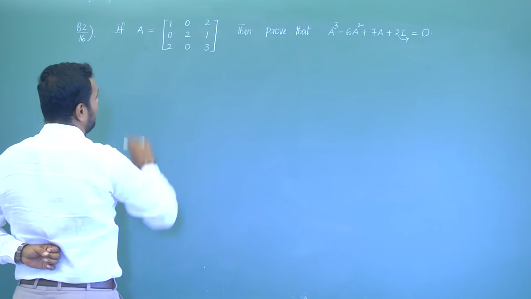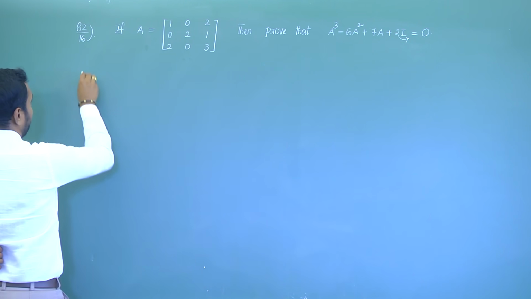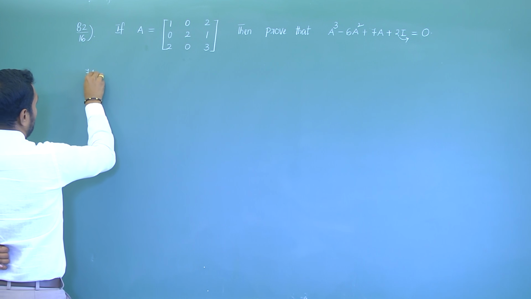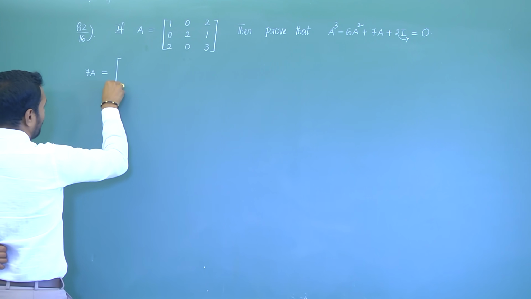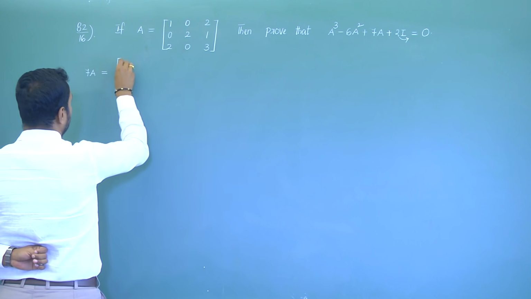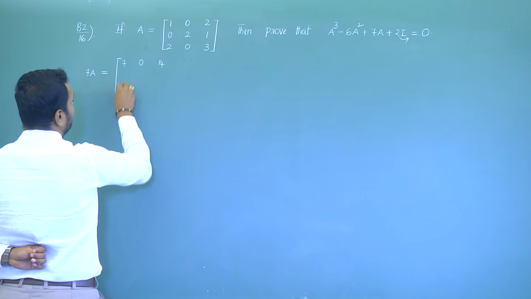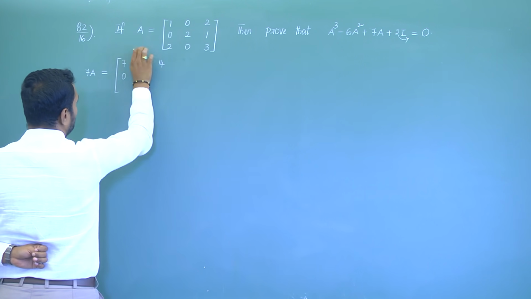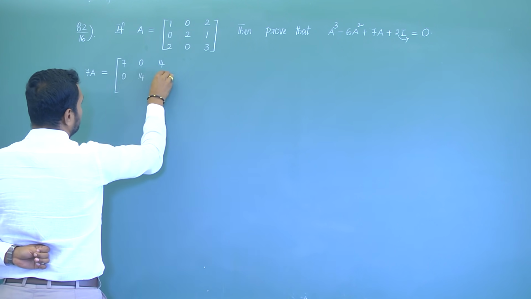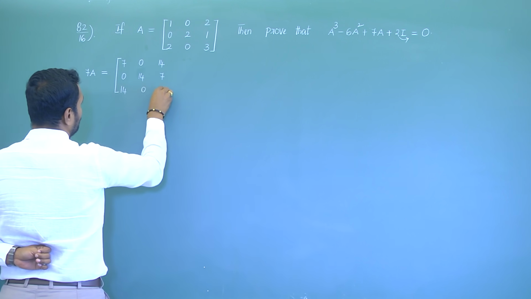First, writing the given matrix A, I am writing 7A and 2I. 7A equals, we multiply each and every element of A with 7: 7, 0, 14, 0, 14, 7, 14, 0, 21.